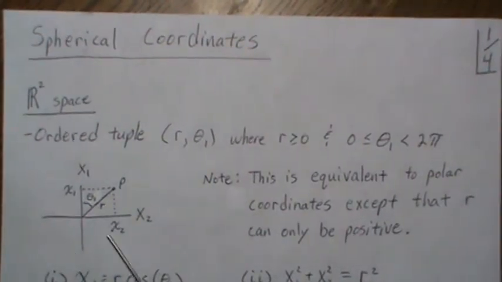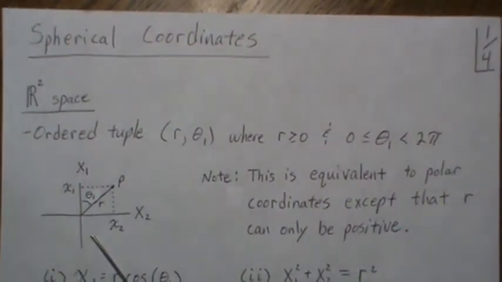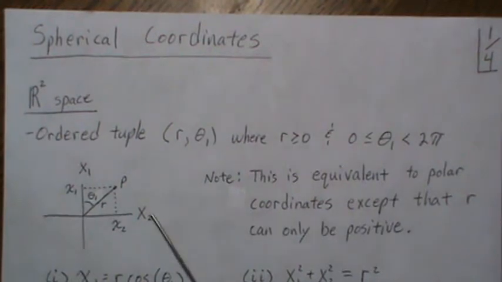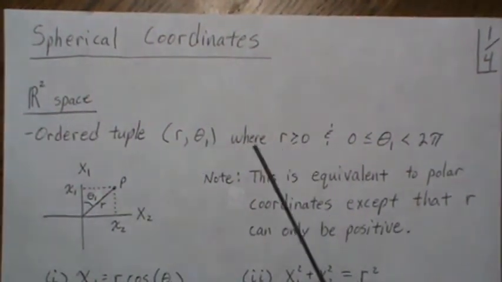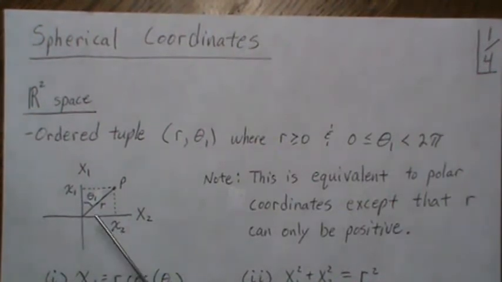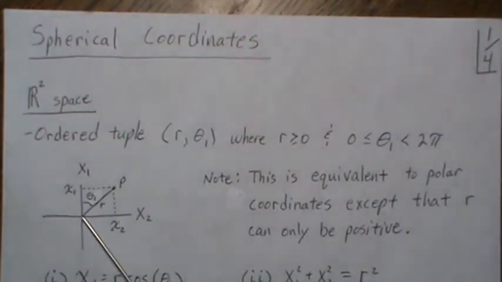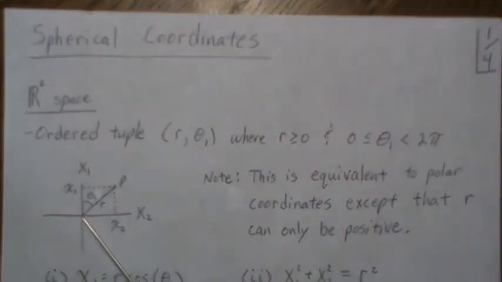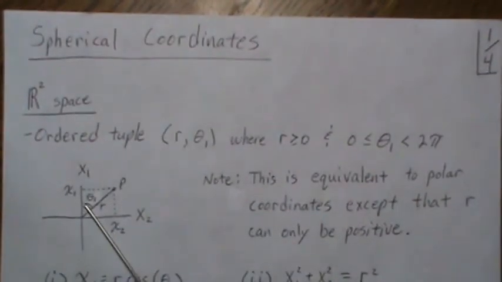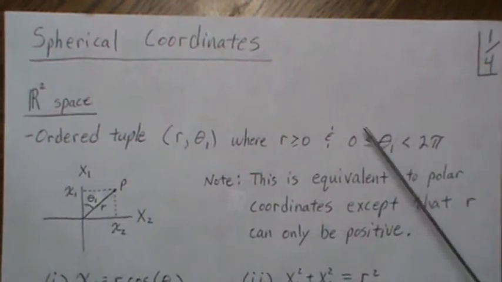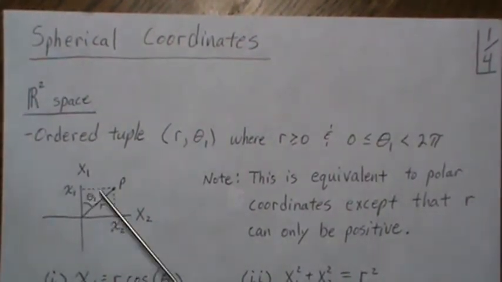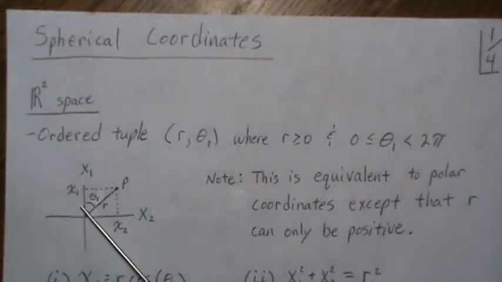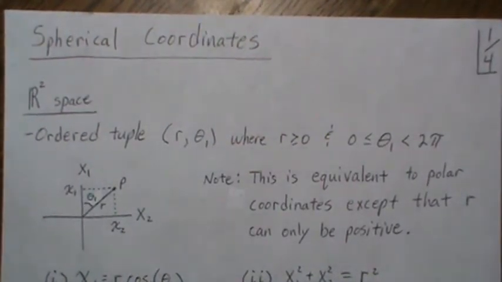You can think of it as in this picture: we have a coordinate system, x1 and x2, and some point in space. This is the origin. If we draw a line from the origin to that point, it creates an angle theta with x1, and it could be anywhere from 0 to 2 pi.